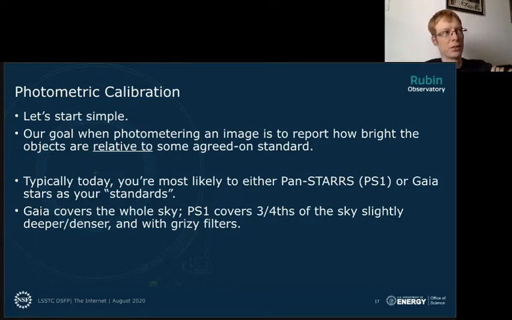In practice, this usually means, today, that we're going to try and put our photometry, if it's optical photometry, on the same basis as something like Pan-STARRS or Gaia, because those cover large fractions of the sky and they're well calibrated for reasons which we'll talk about later in the talk. And so we can use that as our agreed-on standard.